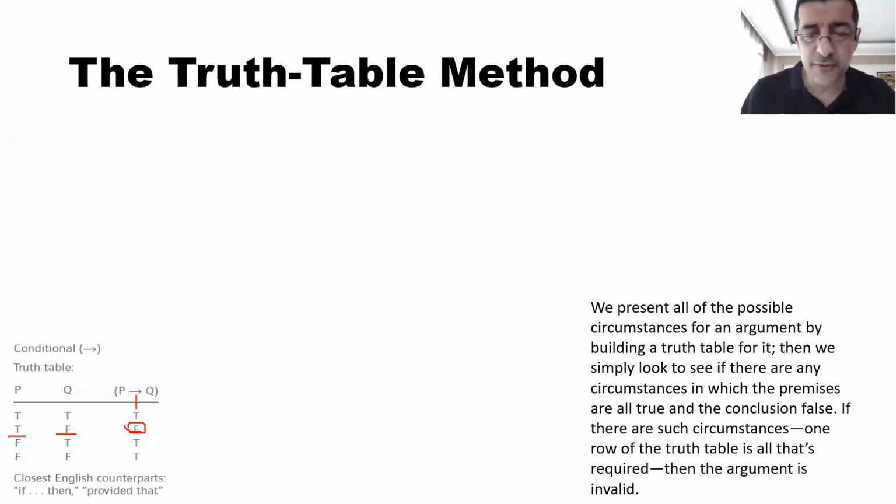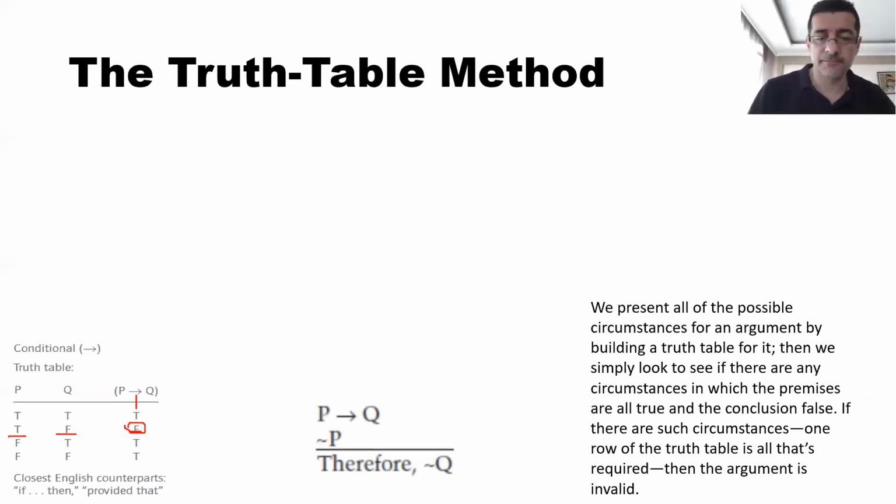Now, for every argument like this one, what we need to do is draw the truth table, and then we should be looking for one and only one line, maybe, where we have a false conclusion but true premises.